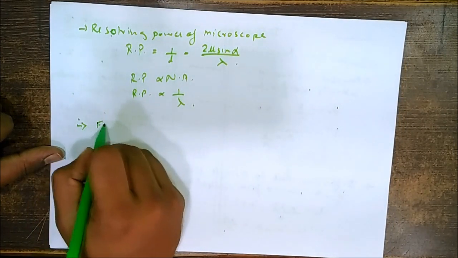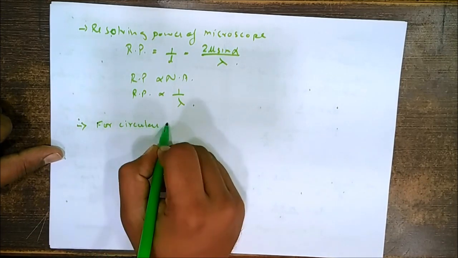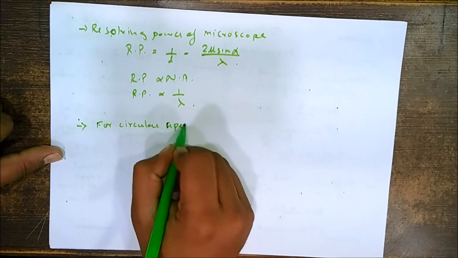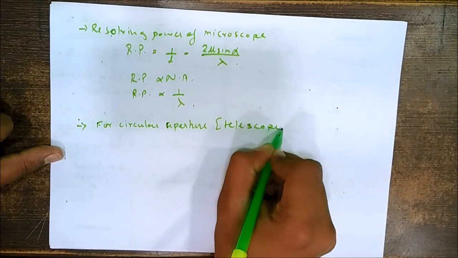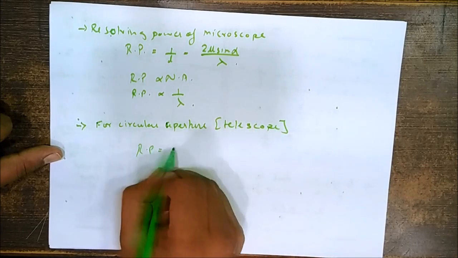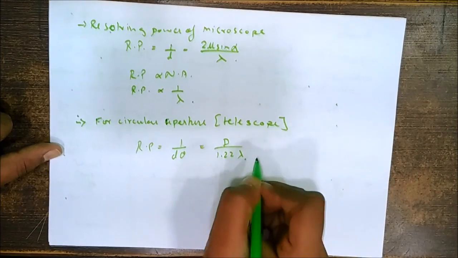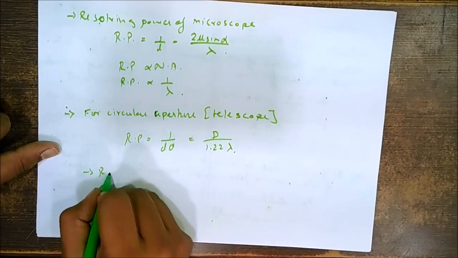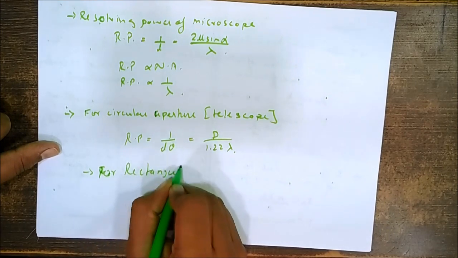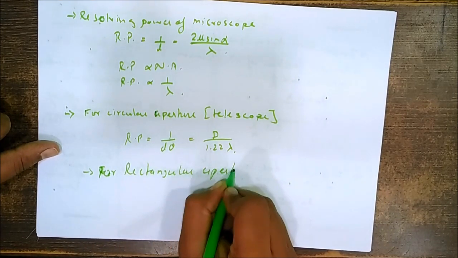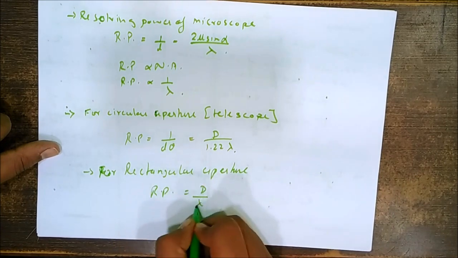Now for a circular aperture in a telescope, we have resolving power is equal to 1 upon d theta, that is equal to d upon 1.22 lambda. And for a rectangular aperture, resolving power is equal to d upon lambda.